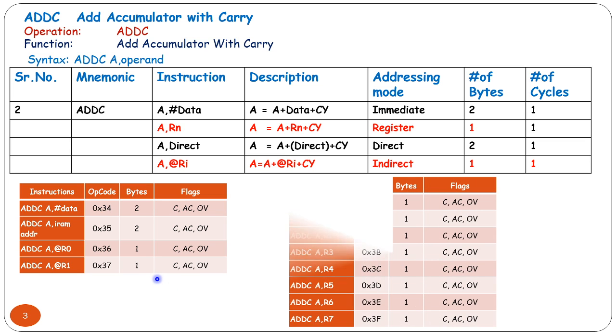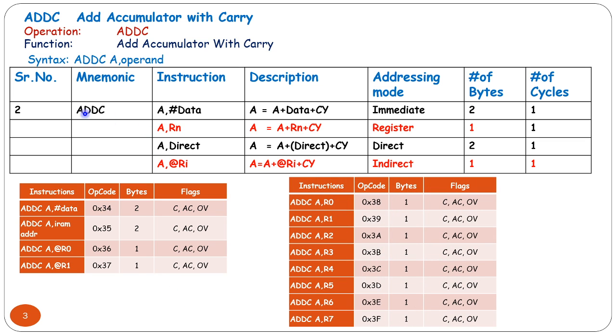The remaining instructions are ADDC A, Rn, where Rn is R0 to R7. Their operation codes run from 38H up to 3FH. For ADDC A, R0, the content of R0 plus the carry flag content is added to the accumulator, and the result is stored in the accumulator. This has operation code 38H.